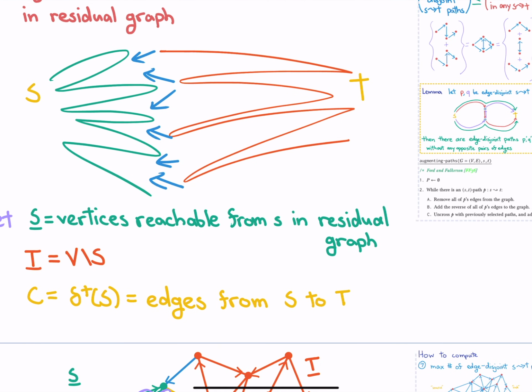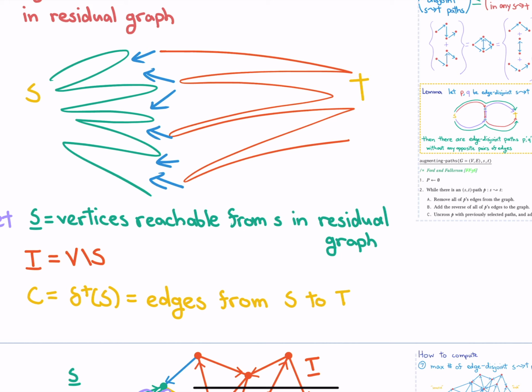We chose C because this was the frontier of the vertices S can reach in the residual graph. So what does that mean about C? Each time it's going down by 1, but what happens at the end? 0. This is a cut that gets driven all the way down to 0 by the end of the algorithm. That's how we chose it.